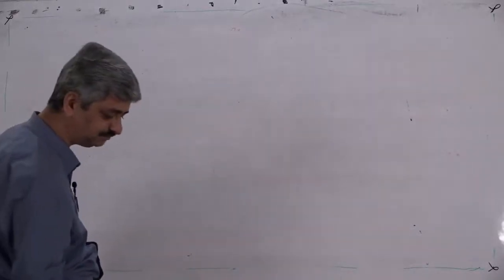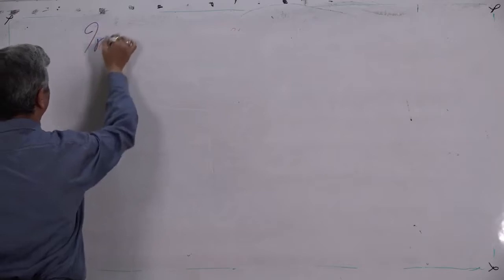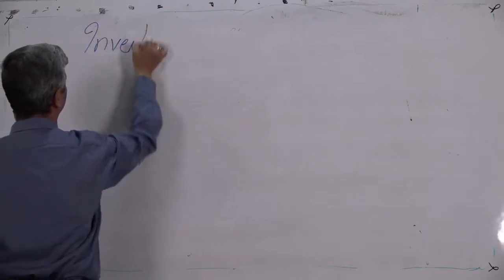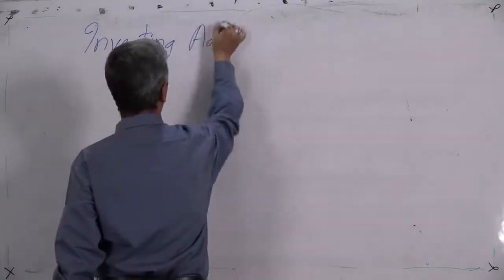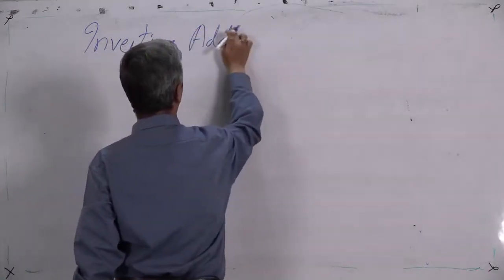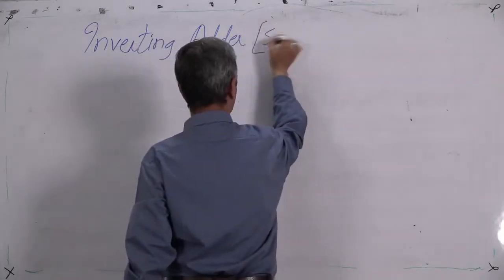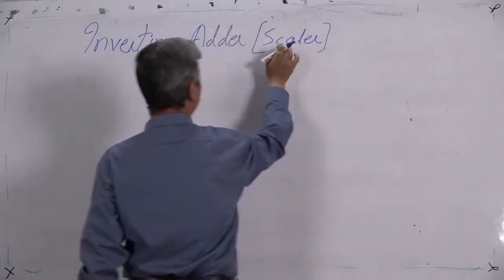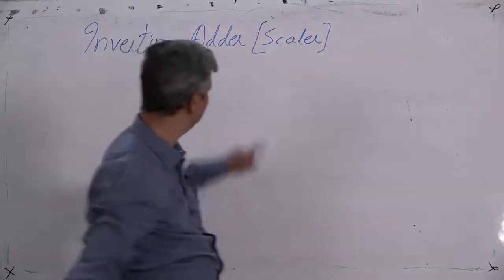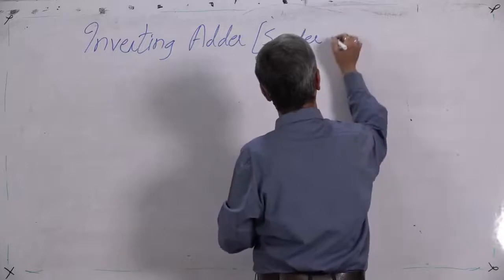So, now the circuit which we are discussing, the name of the circuit is inverting adder. To be very precise, it can be a scalar amplifier also, but if things are equal, it becomes an adder.